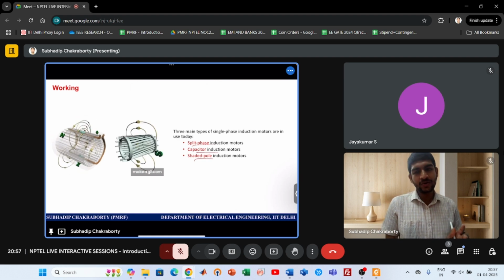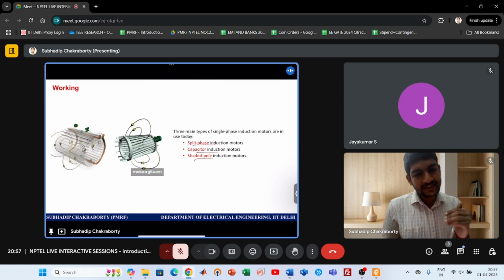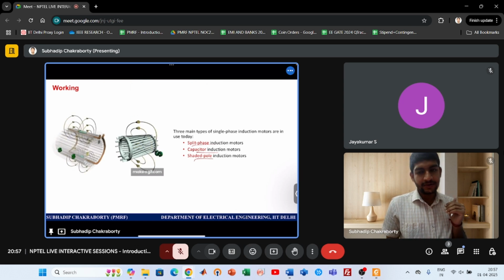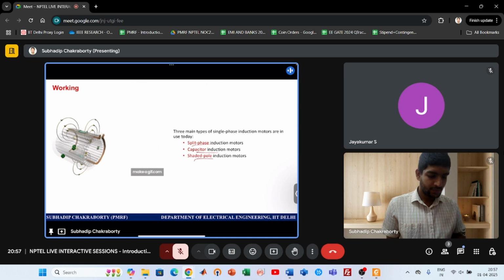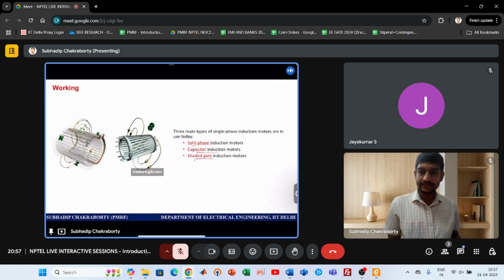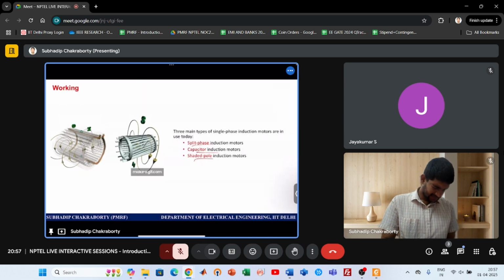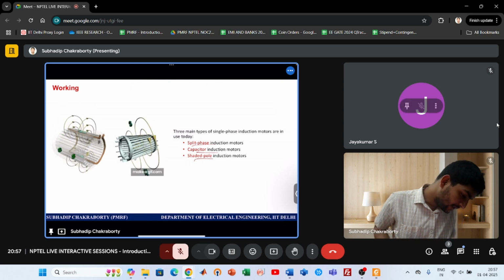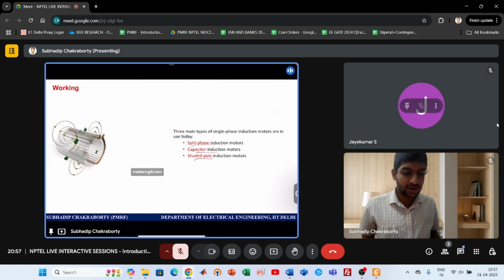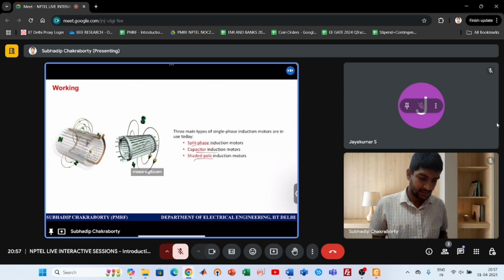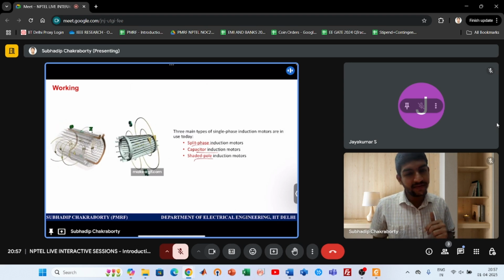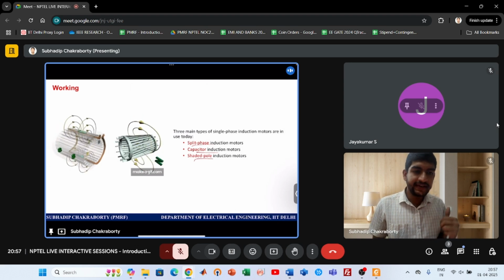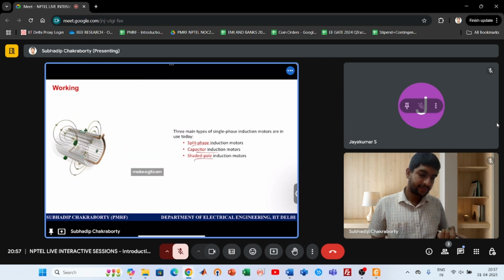The idea is to actually know that since the field is pulsating in nature, you need to have some mechanism to start it, right? You should have some mechanism to start, because at starting the torque is 0. Because the forward and reverse fields are equal and opposite.